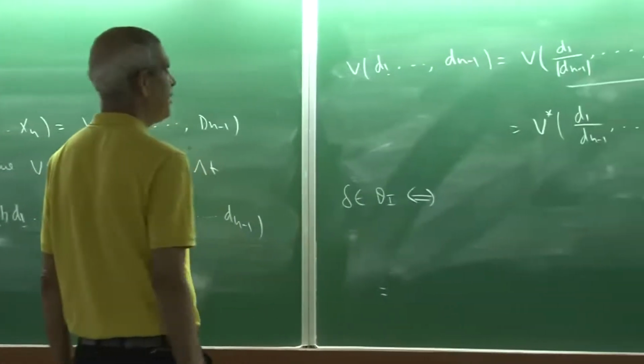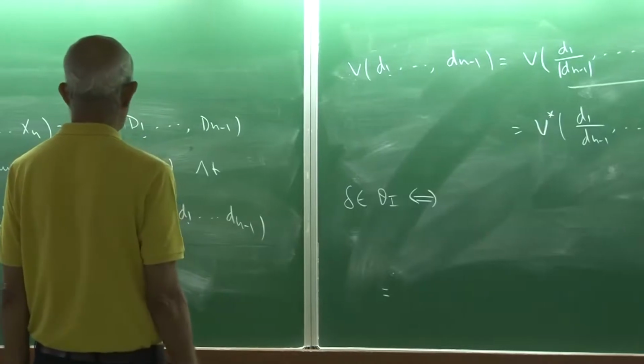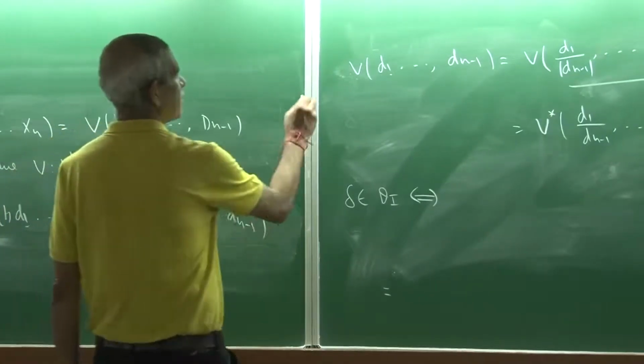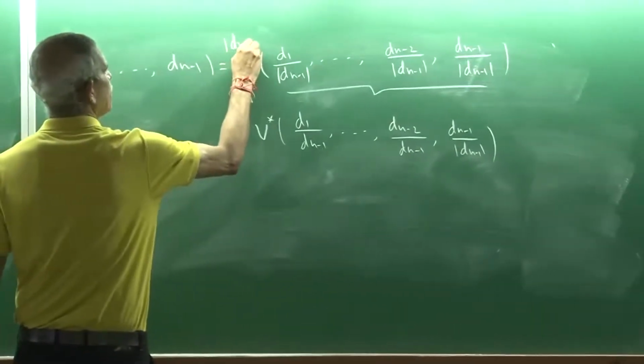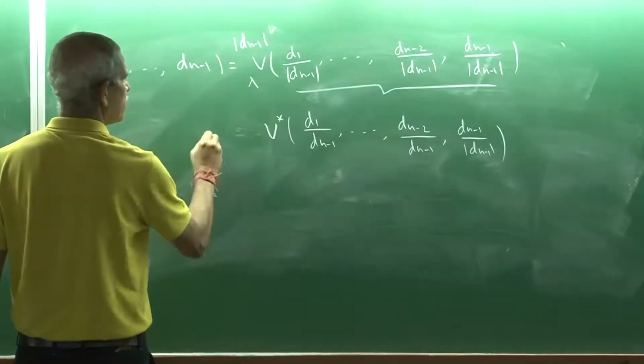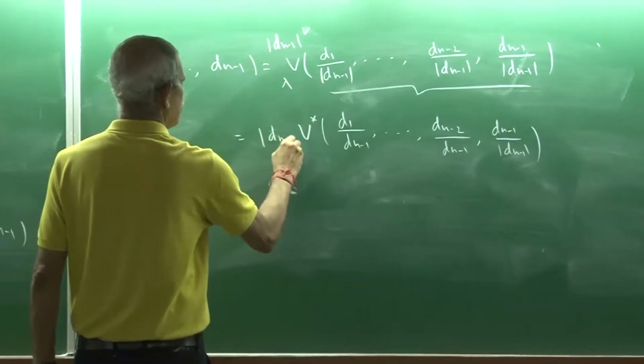I am taking b to be 1 upon mod dn-1, so this would be nothing but mod of dn-1 to the power r.